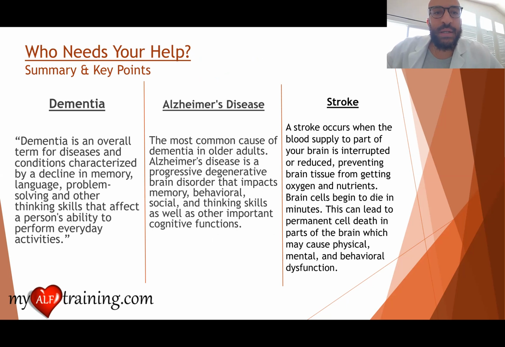So let's begin. You may or may not remember this from part 1 of our ADL series. These are the 3 most common diagnosis types of patients that will be needing your help in an assisted living facility or acute care facility or whatever facility you're working in: dementia, Alzheimer's disease, and stroke.